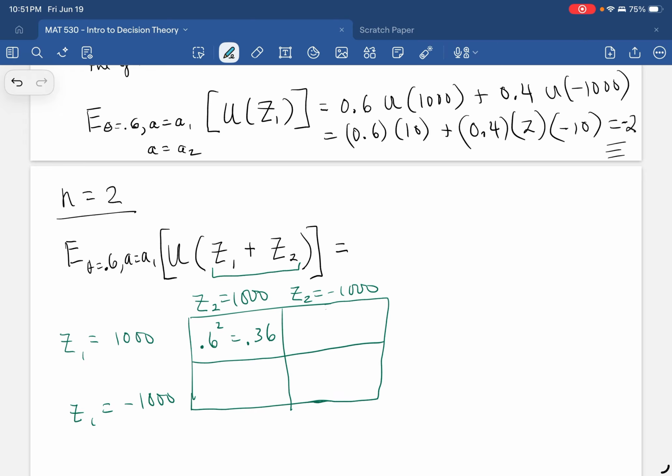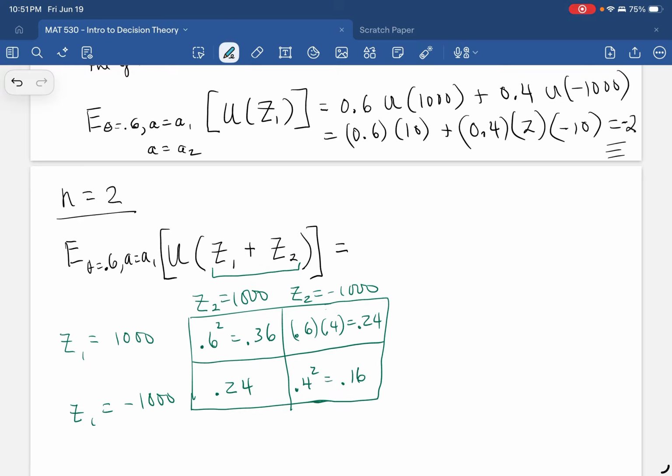The probability that we win the first flip and lose on the second flip would be 0.6 times 0.4, which is 0.24. Similarly, the probability of losing on the first flip and winning on the second flip is 0.24, and the probability of losing on both flips would be 0.4 squared, which is 0.16.